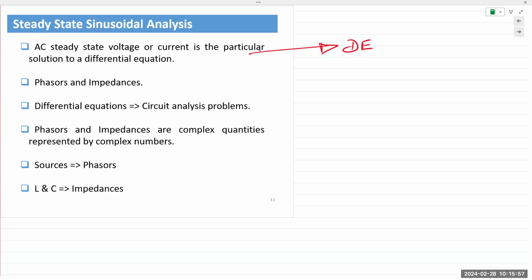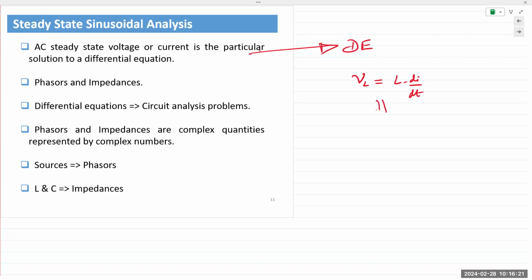For instance, in chapter 3, we learned about the voltage for an inductor and the current for a capacitor. Because VL is, anyone remember? L di over dt, right? Voltage for an inductor is L di over dt. And then in chapter 4, we learned about differential equations.